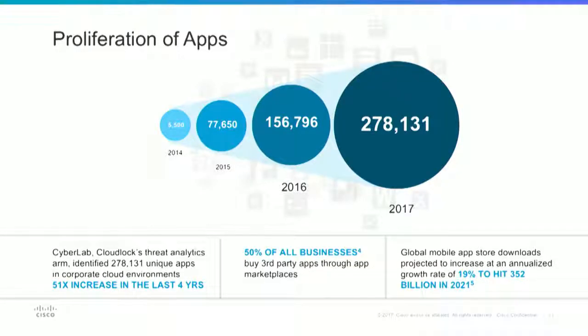The number of apps that are out there is quite fascinating. We're seeing it has grown by nearly half again in the early part of 2018, where we're up over 350,000 apps around the world now. These are actually enterprise apps.